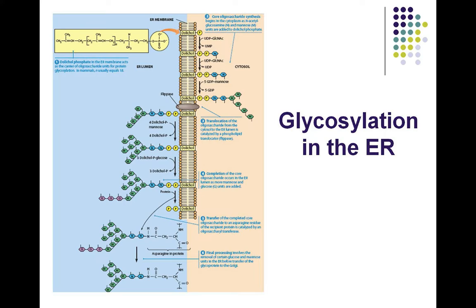Remember that for proteins that are translated or imported to the ER, those that will require additional sugar molecules or glycosylation, the synthesis of the glycan branch, the sugar branch, is expected to start outside the ER cisterna. So it's in the cytosol where the branching of the core oligosaccharide will be initiated.